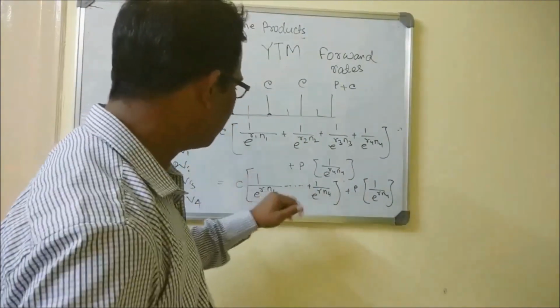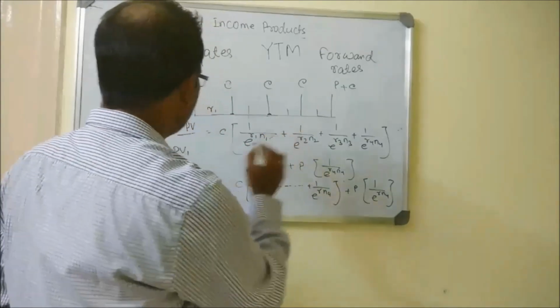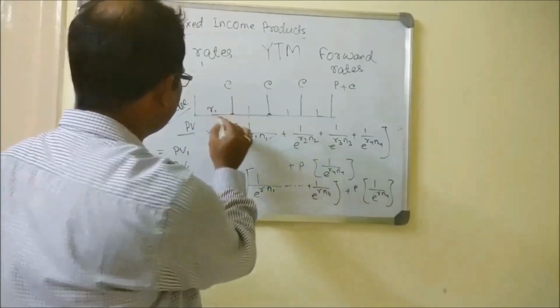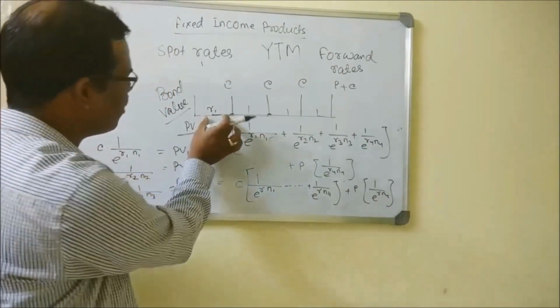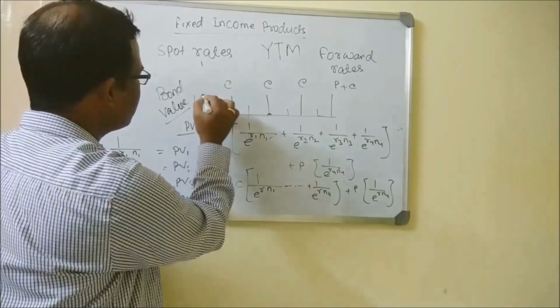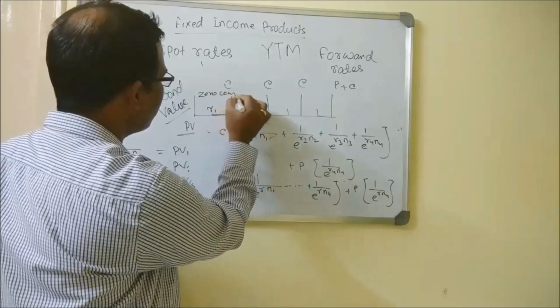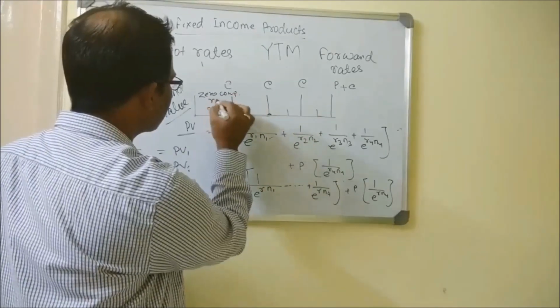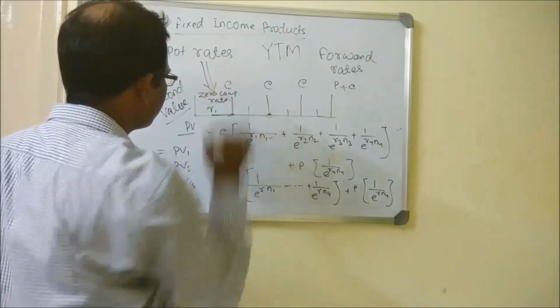Now what will happen? You know N1. This is this R1 interest rate. You see that there is no coupon payment happening. So it can be represented as R1 is a zero coupon rate, zero coupon rate for 6 months, or spot rate for 6 months.